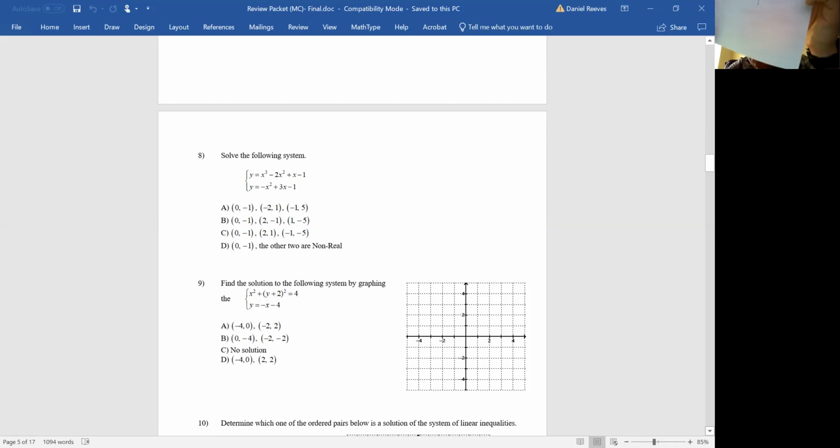The other equation, -x minus 4, has a y-intercept of -4, and it has a slope of -1.